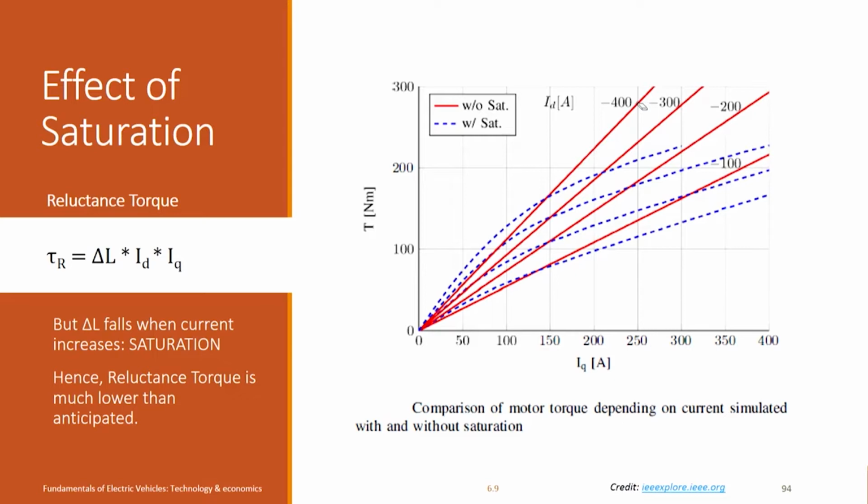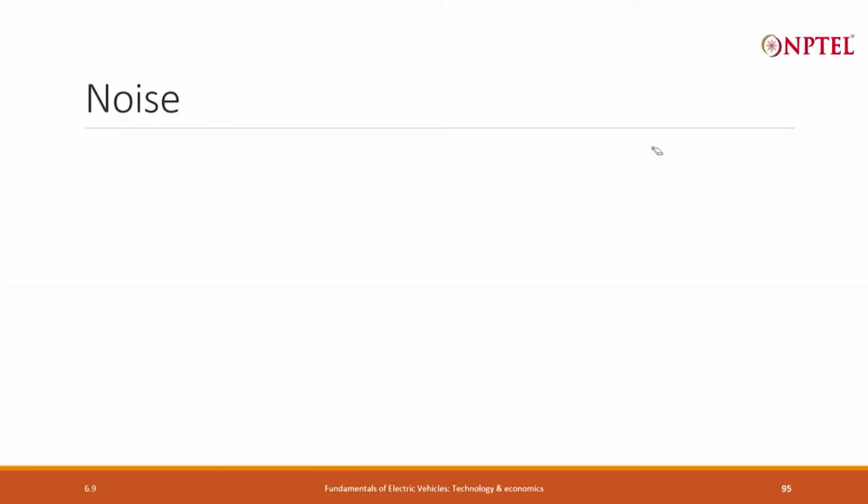So, then you will find that I am expecting, according to my inductance, that the torque I get will be at this level, but because of saturation the torque I get is only this much, a significant drop. So, the impact of saturation is a drop in the reluctance torque, and we should be very mindful of it if we are optimizing the motor for delivering high torque.